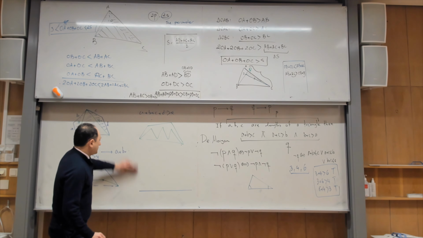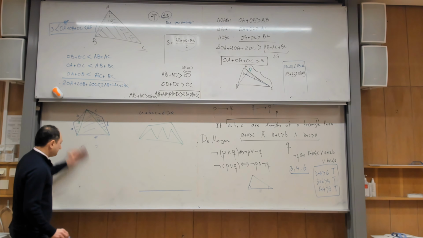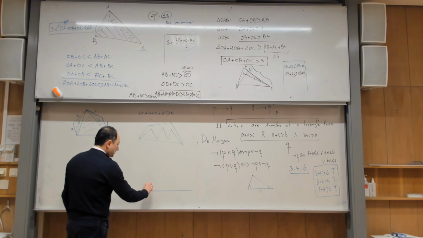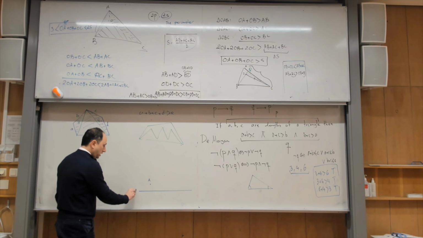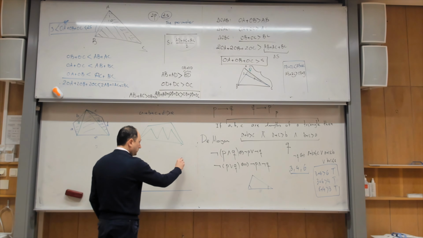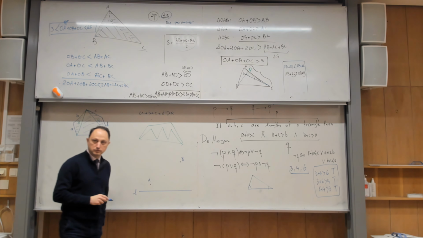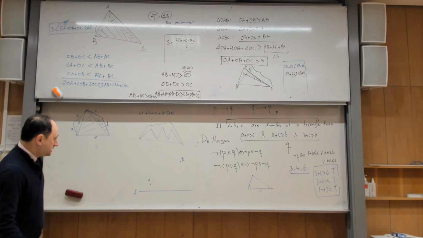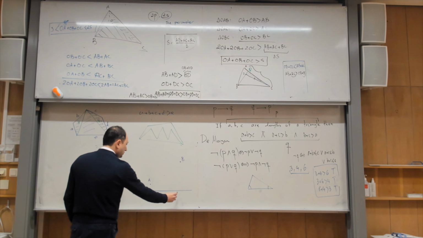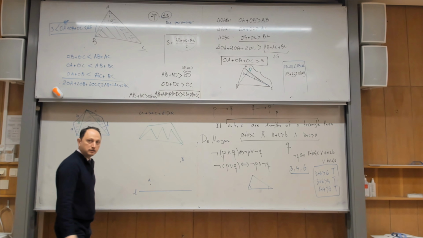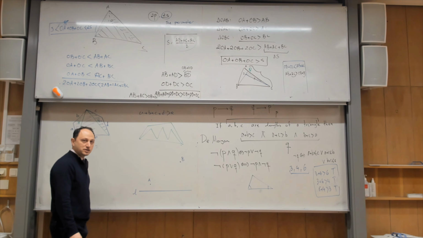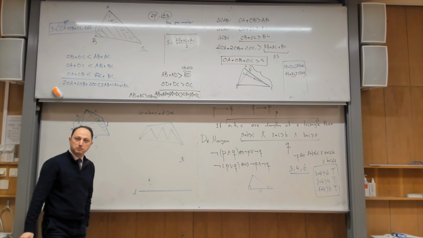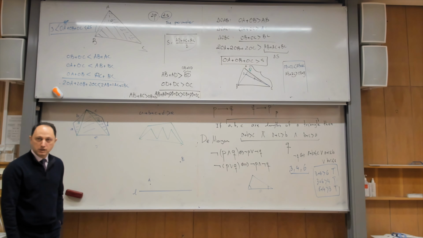Let me clean that because we have only 2 minutes. I give you 1 point here. It's not on my line. I give you another point somewhere else, not on the line. The question is this. Tell me, where should I choose a point on L so that the sum of the distances from that point to A and B is minimum?